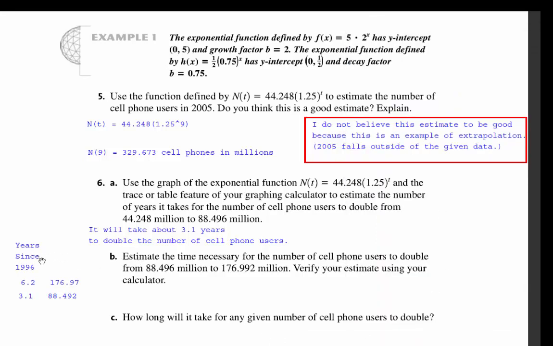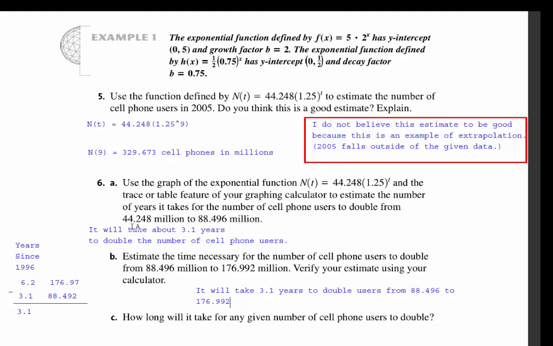So when I take a look at this, we have years since 1996. So we went from 3.1 to 6.2. So the difference here is still 3.1. So we can write it will take 3.1 years to double users from 88.496 million cell phone subscribers to 176.992 million cell phone users. So it looks like every 3.1 years we'll double the number of users.